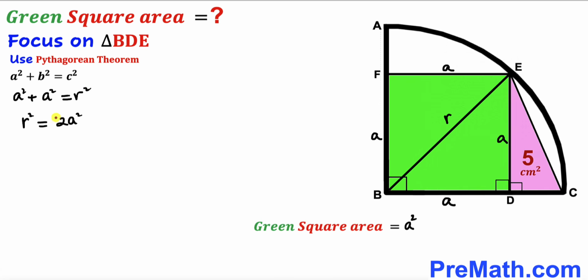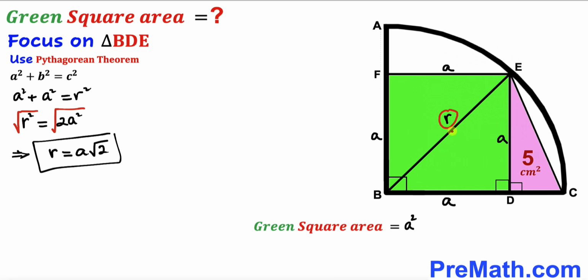Now I'm going to undo the square by taking the square root on both sides of this equation. So our radius r is going to be equal to a times the square root of 2.